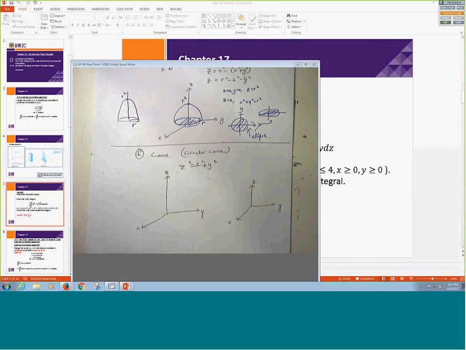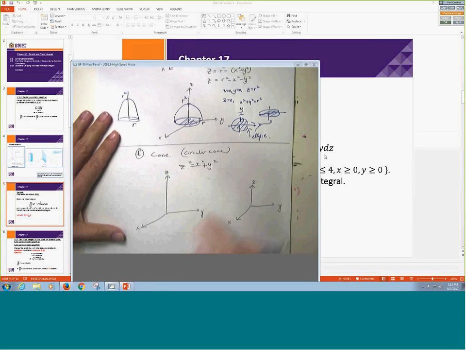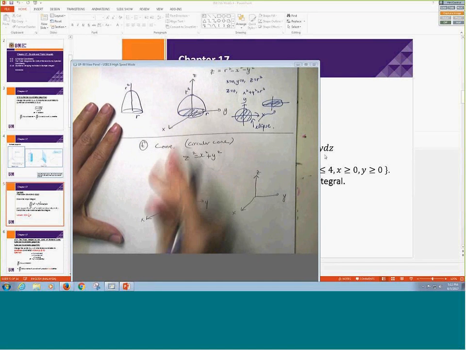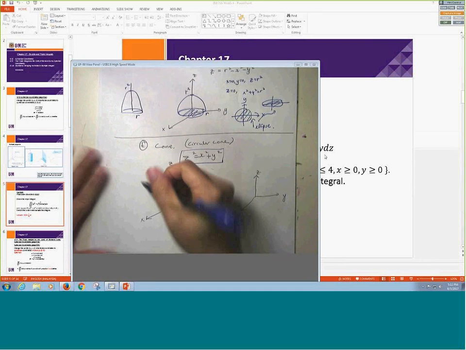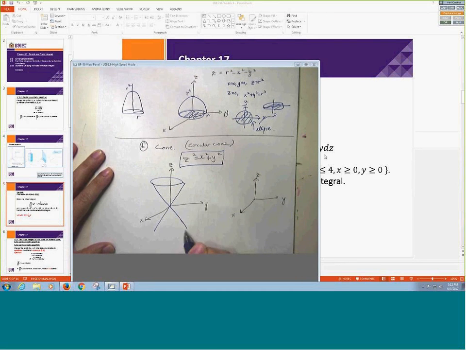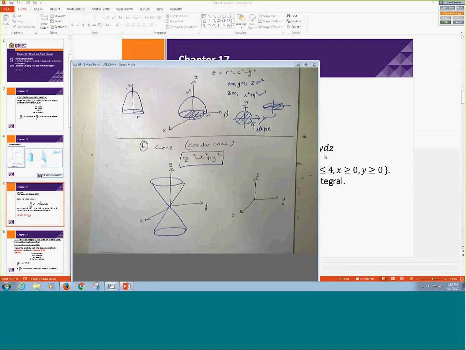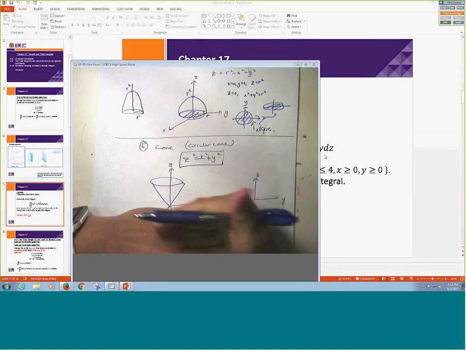If you have z squared equals x squared plus y squared, you actually get a cone. If only this, you will get the cone, both the up and the down, unless they say it is bounded by the xy plane, then you get only the positive.